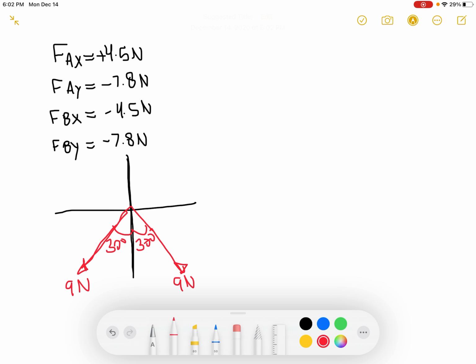The x components are negative 4.5 newtons, positive 4.5 newtons, and look, this is the same line, that's why they're both negative 7.8 newtons. What can we do? What are we supposed to do?